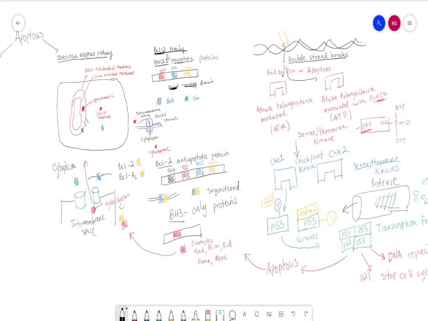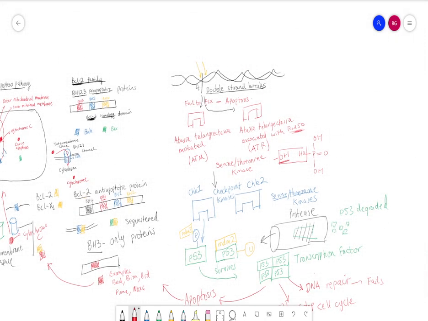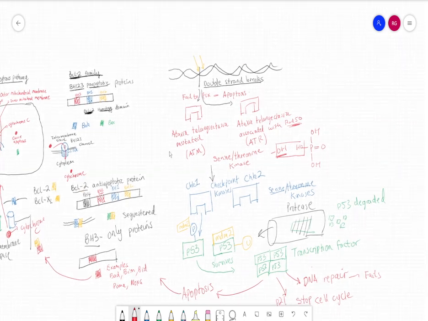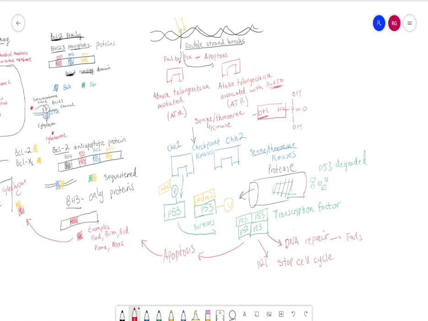So your BCL2 family proteins are going to connect. So quick summary: radiation can damage your DNA and cause double strand breaks. That's going to, through a series of serine threonine kinases, detect the breakage of the DNA and pass it on to P53.